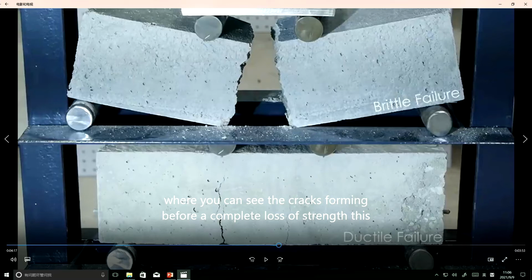Because we know building a building costs a lot of energy, lots of resources, lots of material. If it breaks, it will just be a catastrophe, a waste of people's money, time, and effort.